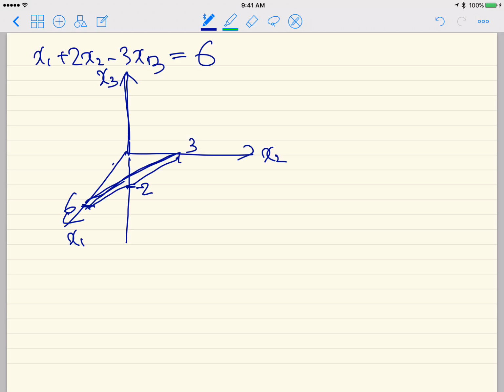Just a straight plane. And then let me give you another equation for a plane, and that is 2x1 plus 4x2 minus 6x3 equals 10.